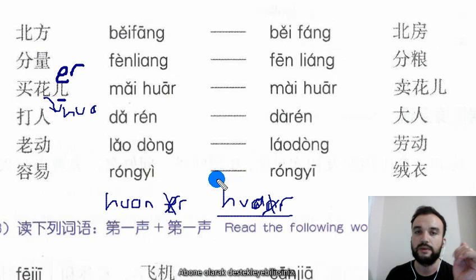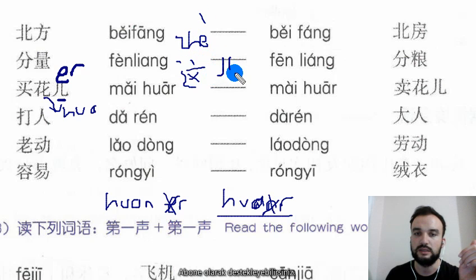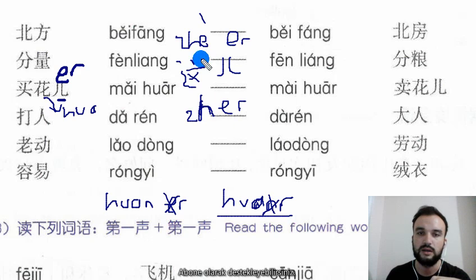For example, there is a word here and there. We learned J, right? It's fourth tone, and when we add this R, we write it like this J. It means here.